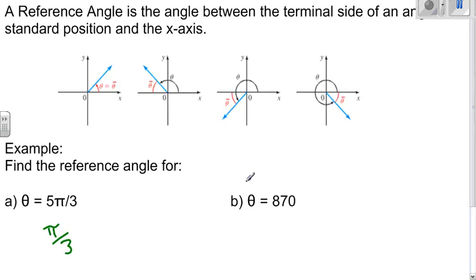For 870 degrees, you can subtract 360 from it, just like you could subtract 2 pi from radians. So that'll be 510. Since that's still bigger than 360, you can subtract it again. So that'll be 150.